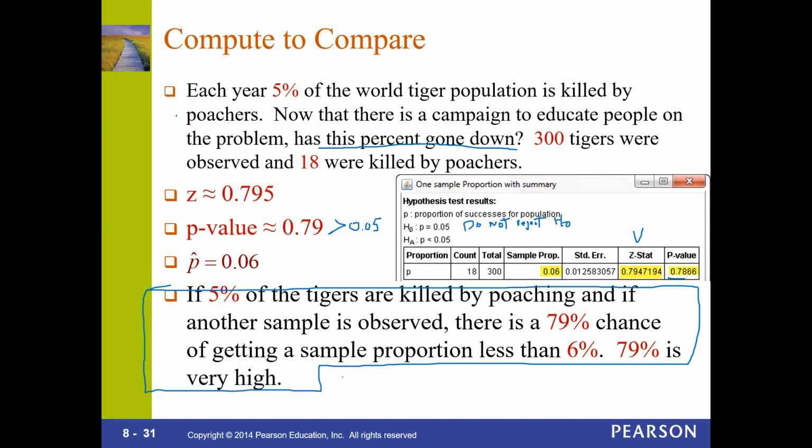Because you fail to reject HO, that means you have no evidence for HA, for it to be less than 0.05. You have no evidence for that.